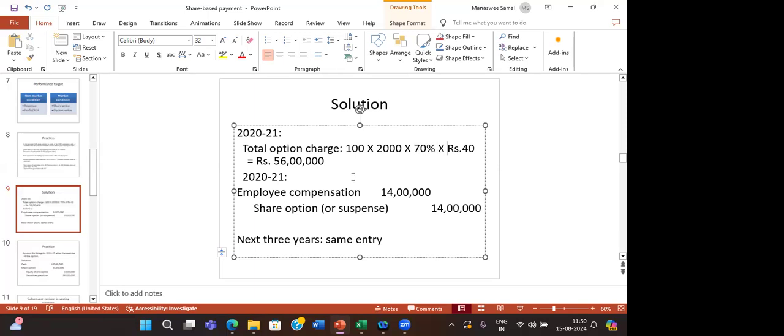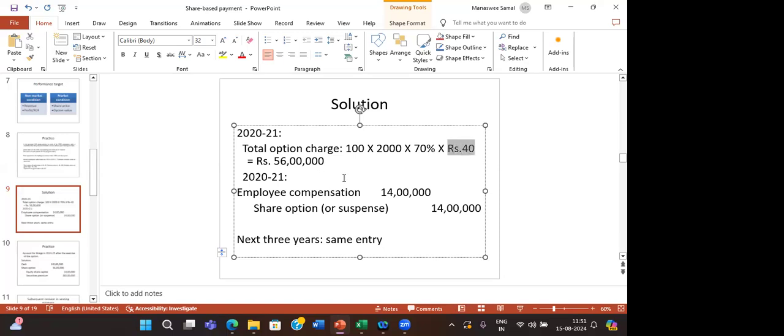Let us keep that in mind very clearly. Because in a question, suppose that information has been given, the fair value of the share on grant date is, let us say, just a number, rupees 200. That is just to confuse you. You have got nothing to do with that value. So go for the fair value of the stock option, that is 40.